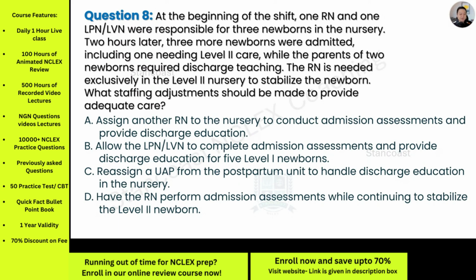A. Assign another RN to the nursery to conduct admission assessments and provide discharge education. B. Allow the LPN/LVN to complete admission assessments and provide discharge education for 5 level 1 newborns. C. Reassign a UAP from the postpartum unit to handle discharge education in the nursery. And D. Have the RN perform admission assessments while continuing to stabilize the level 2 newborn. The answer here is letter A.